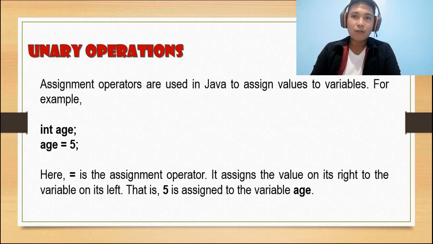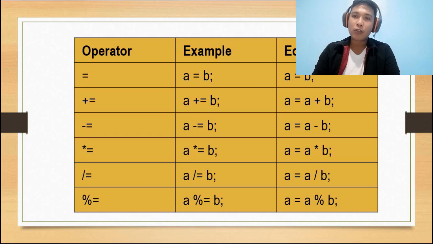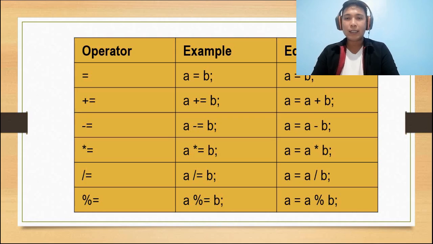Here we have the table of assignment operators. We have the operator equals, for example a equals b. Another operator is plus and the equal sign together.